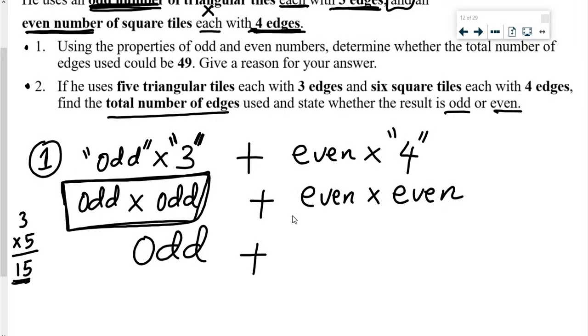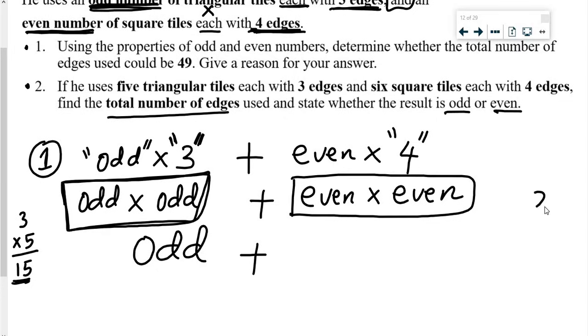Plus, look at this. Here many people will make mistakes. Even times even. Think of any even number, say 2, times another even number, say 6. What is 2 times 6? Answer is 12. What is the parity of 12? Parity of 12 is even.